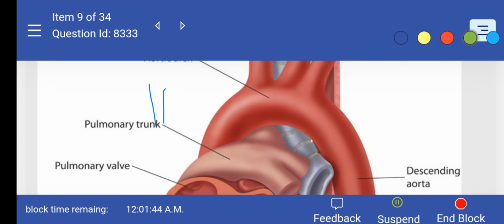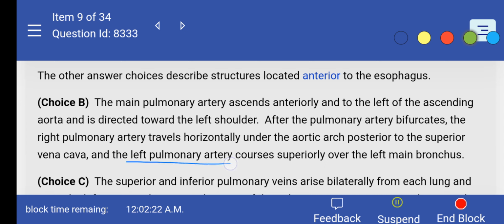If this is the superior vena cava, then the right pulmonary artery would be posterior to it. Let me draw this. Let's say this is the heart. The pulmonary artery would be behind this superior vena cava. And the left pulmonary artery courses superiorly over the left main bronchus, right?